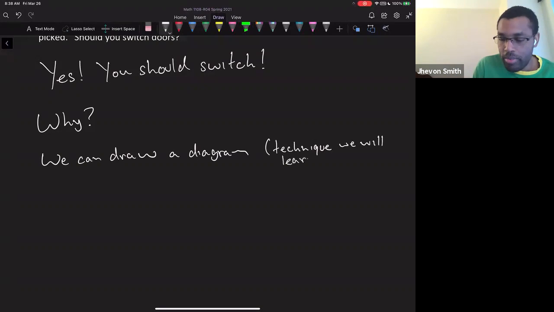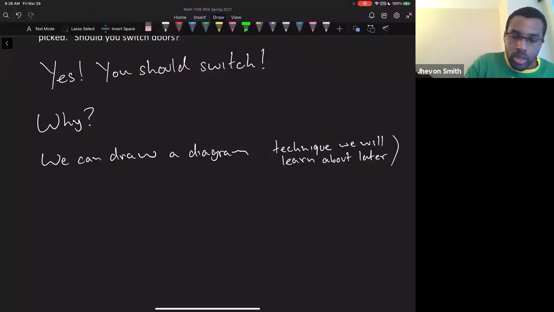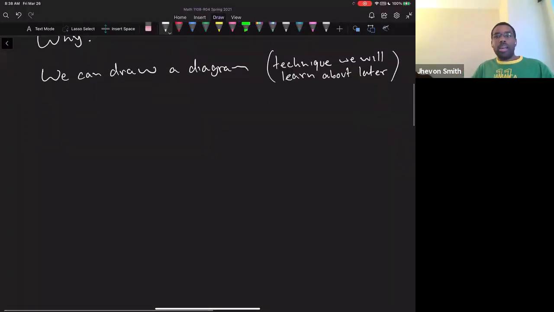There are going to be various kinds of diagrams that can be very useful in a probability setting. But sometimes it's just easier to say, let me just draw a picture, kind of see what would happen. So here's a diagram about 3 situations.